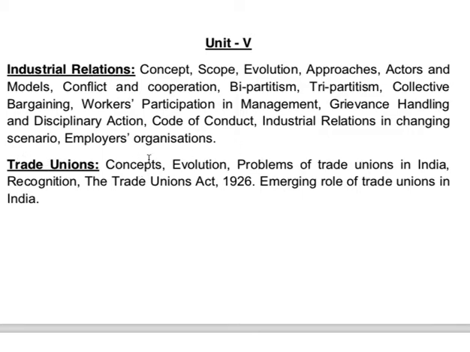So this unit is basically the base of the industrial relations subject. We get acquainted with the different actors that play a very important role in establishing peaceful relations in industries, the role of trade unions, the Trade Union Act and the different problems faced by trade unions in India. Why trade unions are not very successful in India.